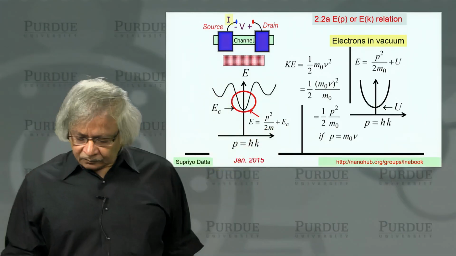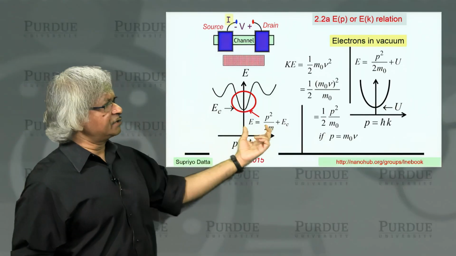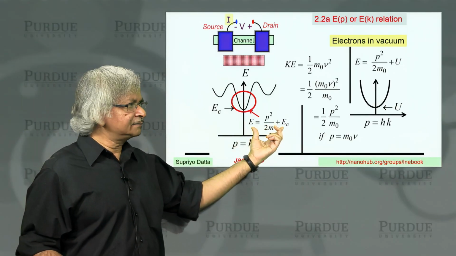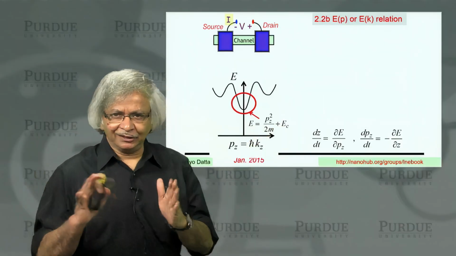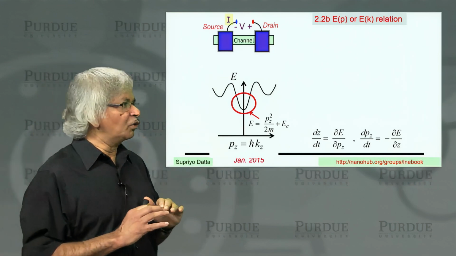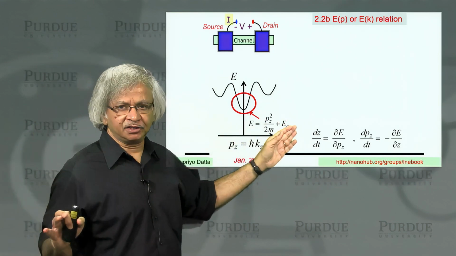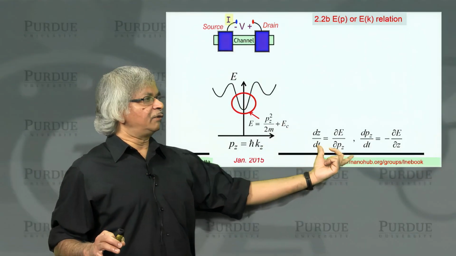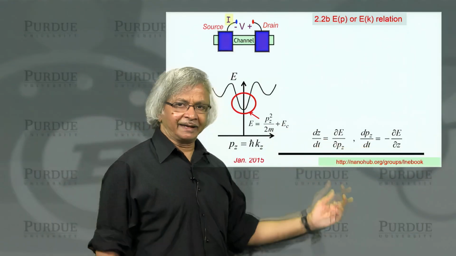Now, the point I want to make though is that as long as you have what you call parabolic bands, it is okay to say p equals mv, like you're used to. On the other hand, the more general relation that will work, irrespective of the shape of the energy momentum relation, is what I've written here. These would be the general form of the laws of mechanics.